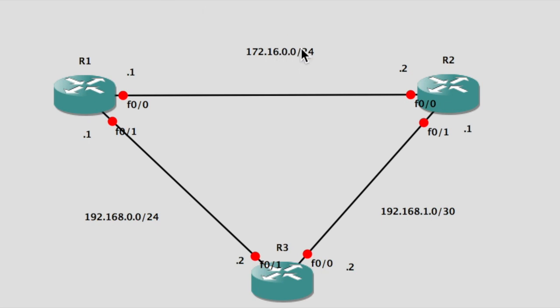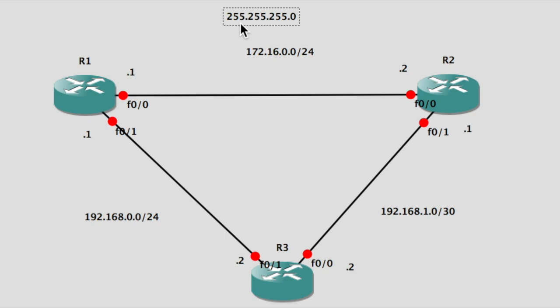So the subnet mask /24 can be represented as 24 ones followed by 8 zeros. In dotted decimal notation, it looks like this. So /24 means that the leading bits are set to 1 and the last bits are set to 0.